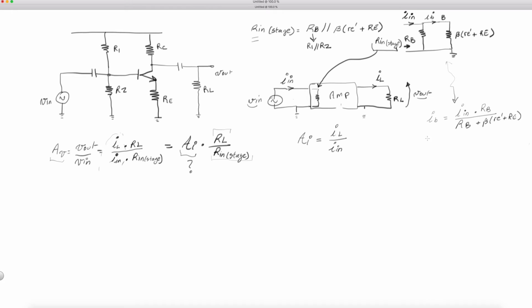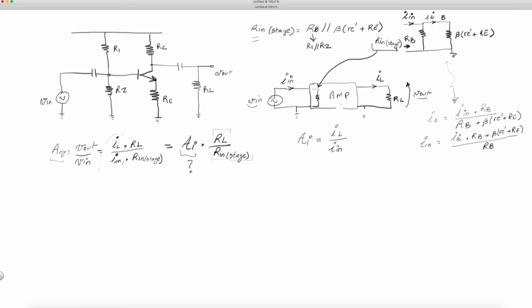Okay, and this is on the input side, by the way. So IN is going to be equal to, if we want to pull out IN, IB times RB plus beta RE prime plus RE, everything divided by RB.